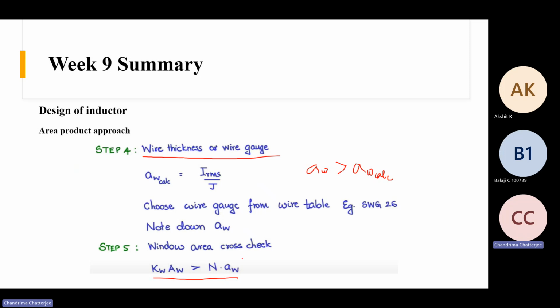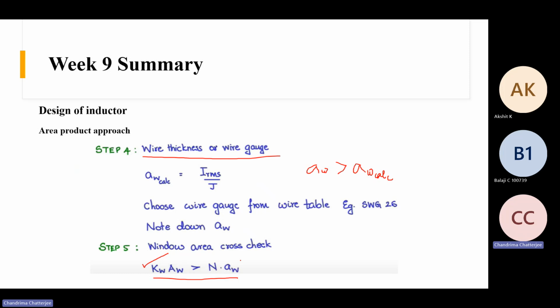If this criteria is not satisfied, then again you will have to choose the next wire whose cross sectional area is even more, and again see if this is satisfied. And this is an iterative process. You will have to continue doing this exercise until this condition is satisfied.